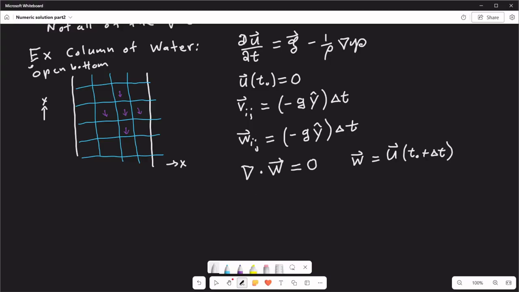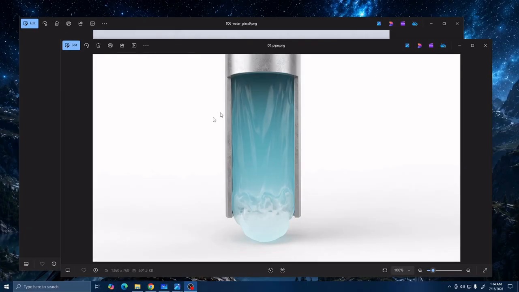So basically this is just the water. The water starts to accelerate, and then it goes faster, it just goes out the bottom. And for this particular solution, the divergence is 0, so there's nothing wrong with that.